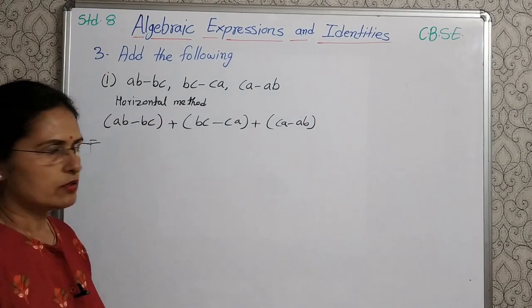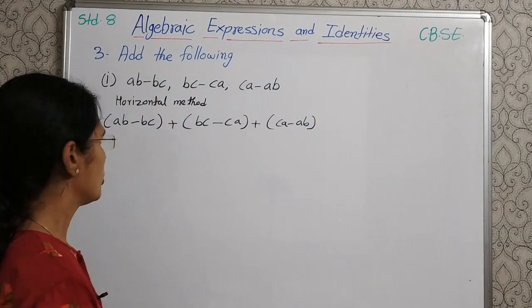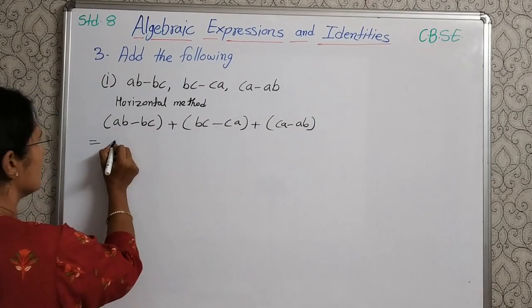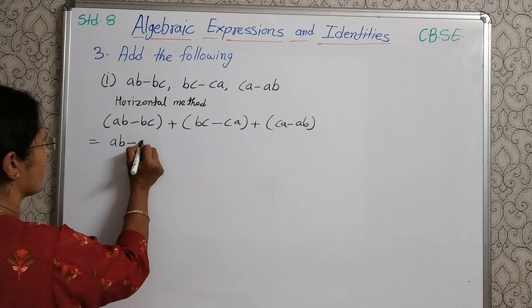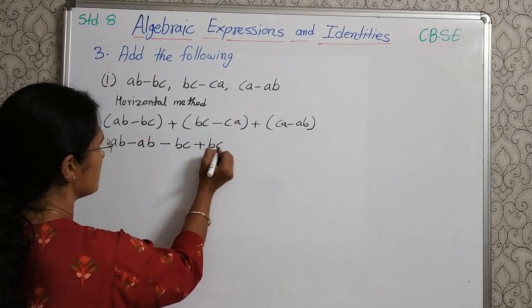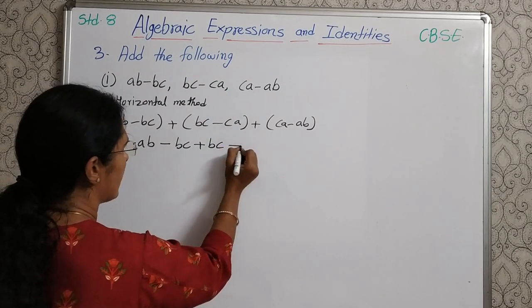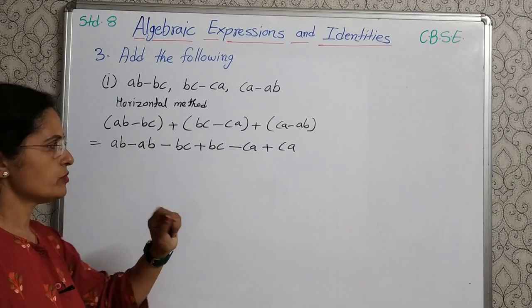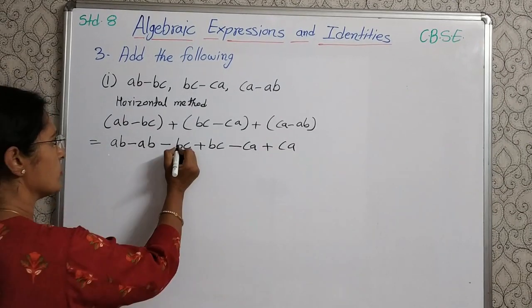Now, we'll bring the like terms close. So, here AB and here minus AB, we write them close. Next, minus BC and plus BC, these are like terms. Next, minus CA plus CA, these are the like terms. So, we wrote them close.